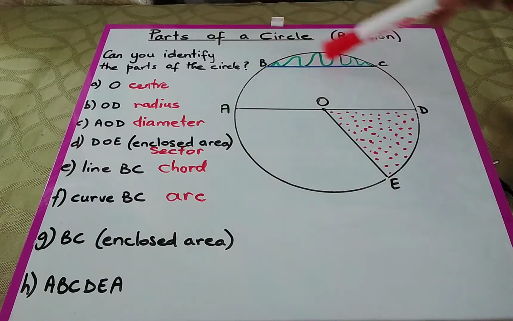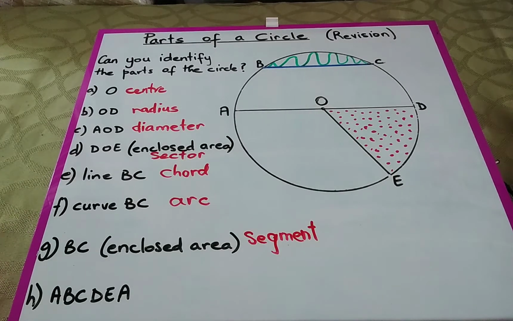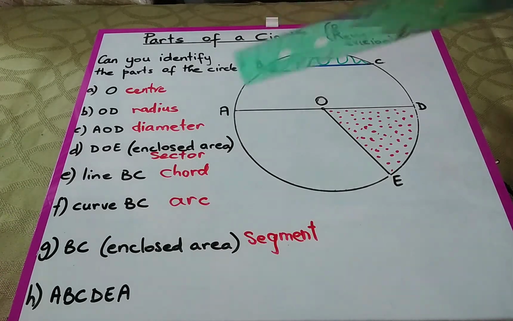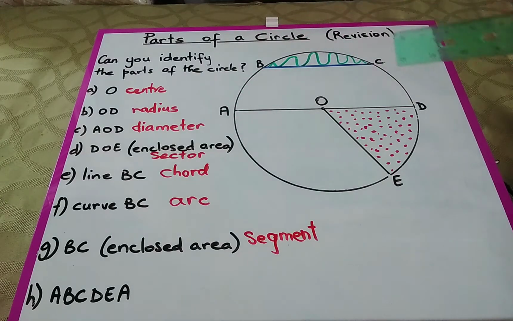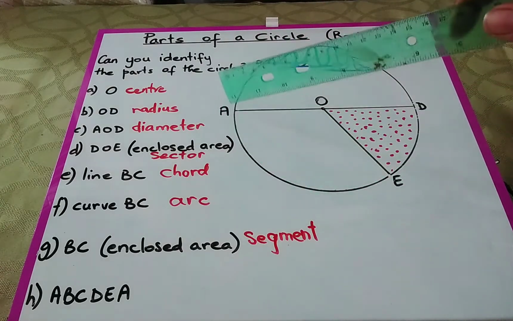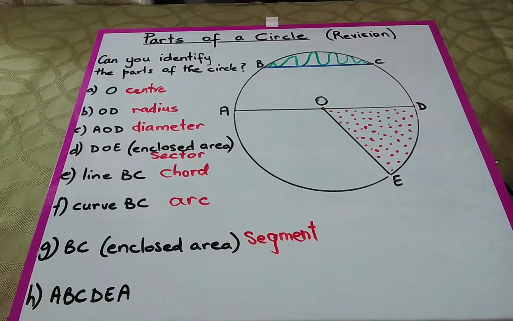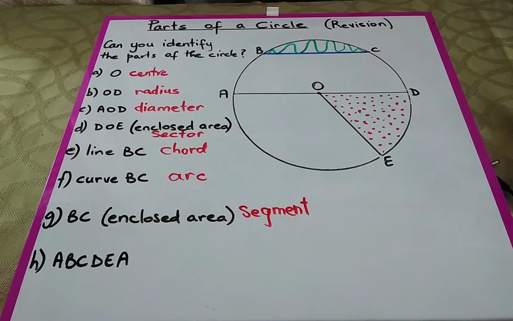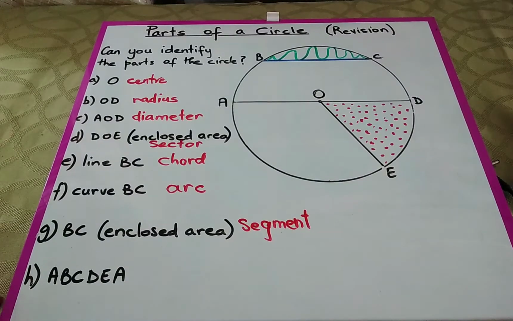What do we call that area? It's called the segment. The segment. And finally, the section labeled A, B, C, D, E, back to A. What do we call that? It's the circumference. The special name given to the perimeter of a circle.